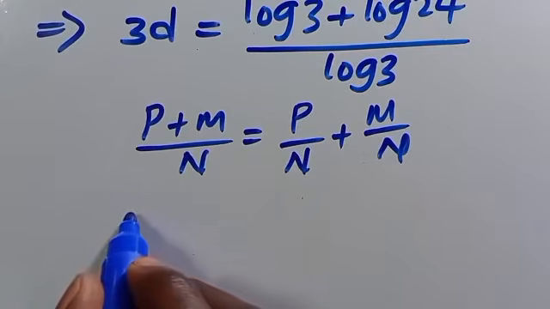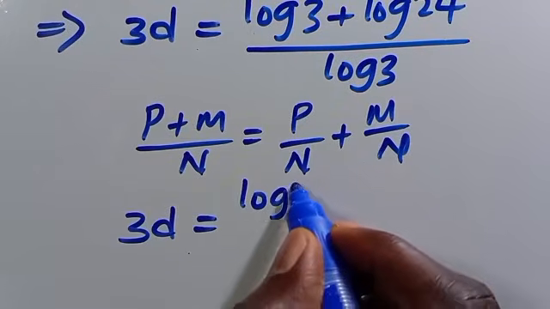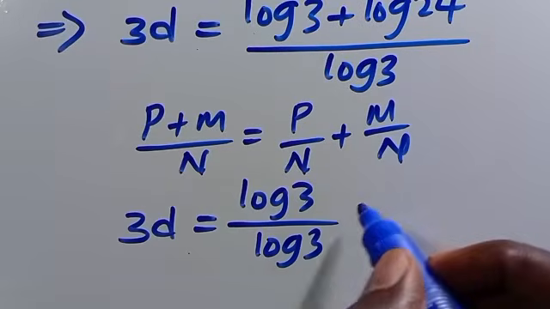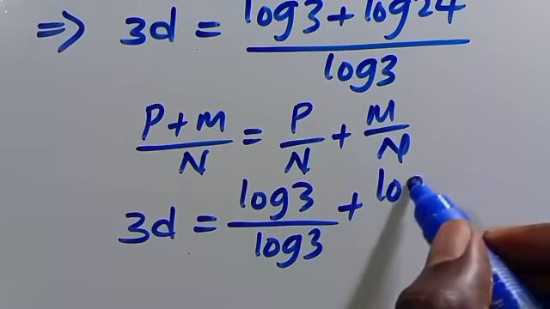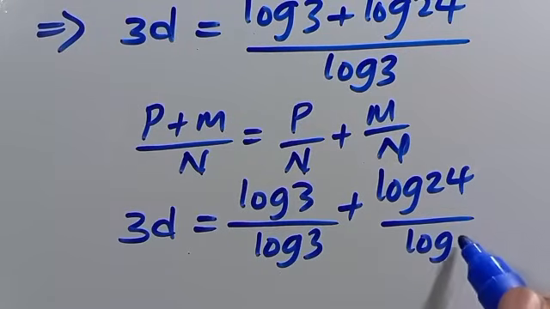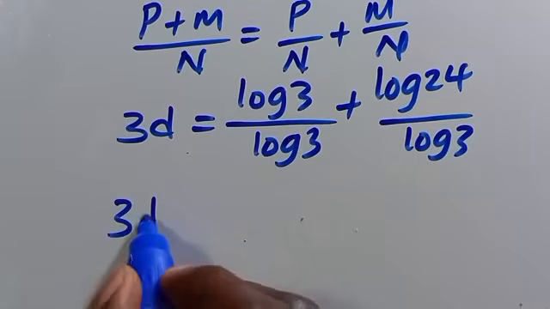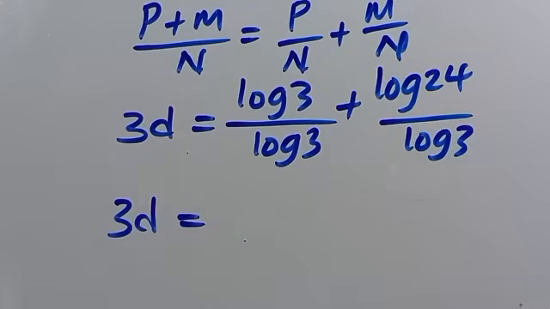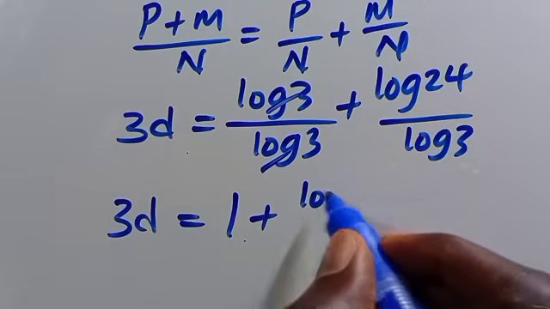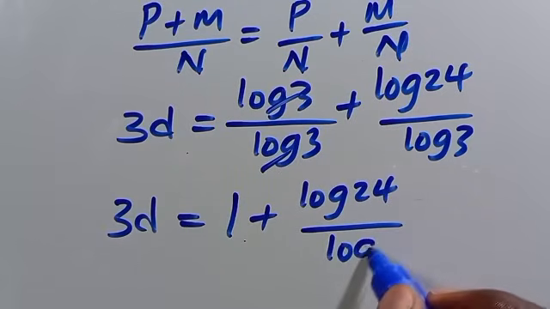So from here we can have 3d as log 3 over log 3 plus log 24 over log 3. So we have 3d equals, this will divide by this, will be 1 plus log 24 over log 3.